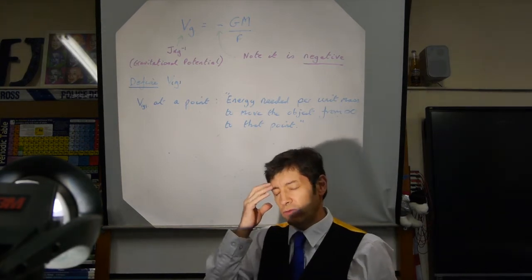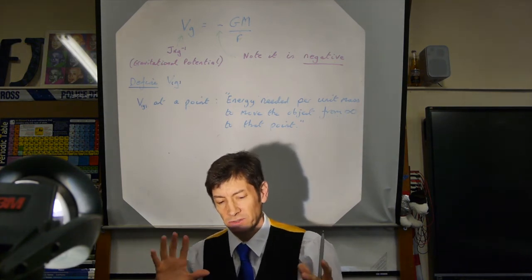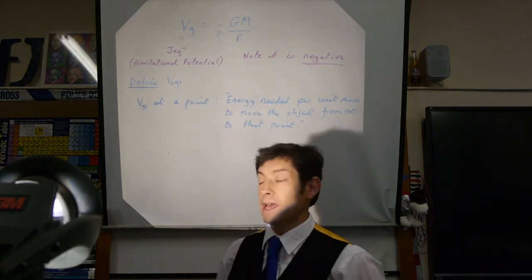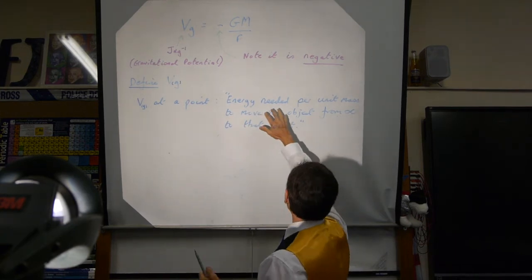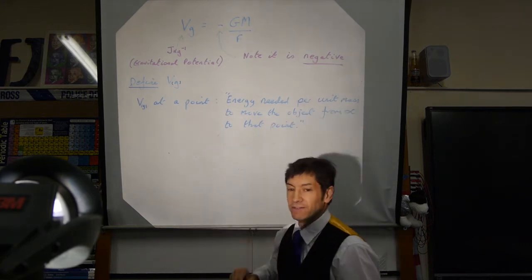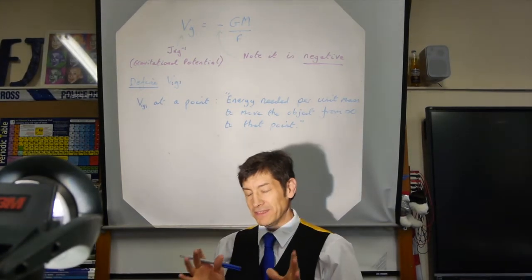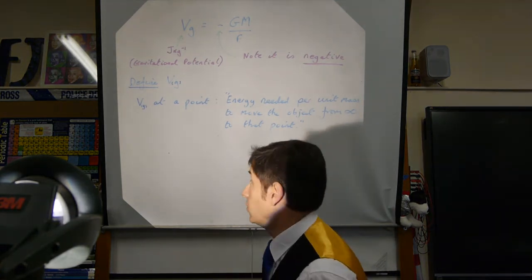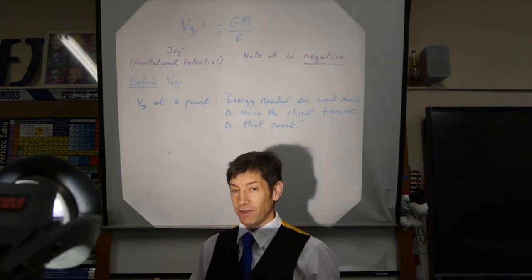Now, if you're really thinking about the radial field, and this is sort of bad teaching, but I'm going to do it anyway, you don't need to give it any energy. It will kind of fall in. It'll be attracted by the large gravitational mass. So what do we mean by the energy needed to move it from infinity, from a long way away, in towards a gravitational mass? Well, the reason it's negative, and you might want to replay this bit again if I don't get it across clearly, is as it falls in, it loses gravitational potential energy.